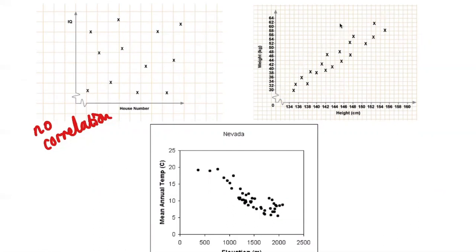Once one thing goes up, the other thing also goes up. Now, we were talking about the types of correlation, a strong or a weak correlation. You can kind of see roughly, if we're doing a very estimated version, that this one has a sort of moderate correlation. There aren't many that would be on that line at the moment. So it's still a positive, but it would be probably a moderate positive.